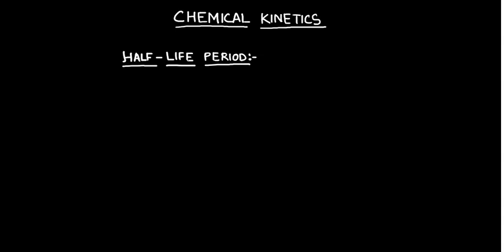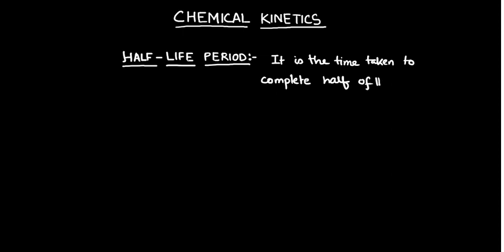Okay. Now what is half-life period? From the name itself we can make out what it is. Period means an interval or the time taken. So half-life period is defined as the time taken to complete half of the reaction.